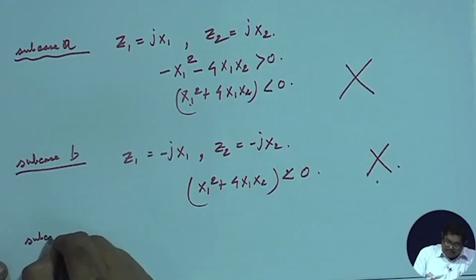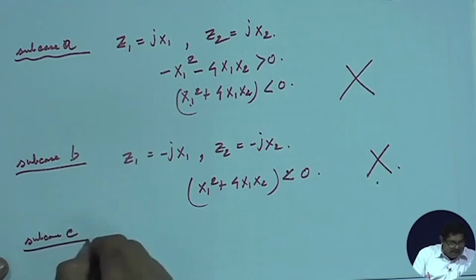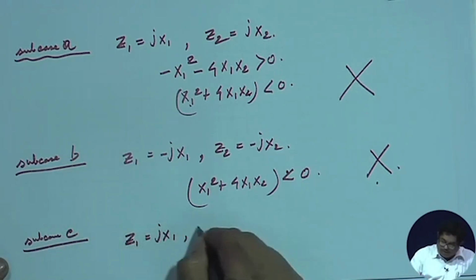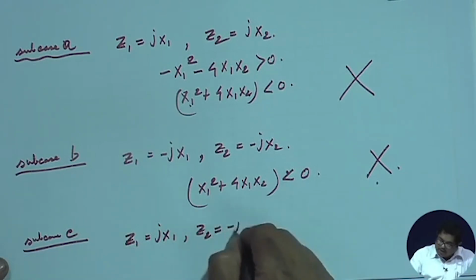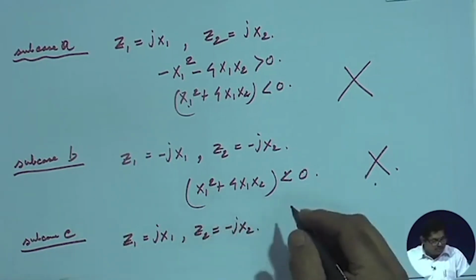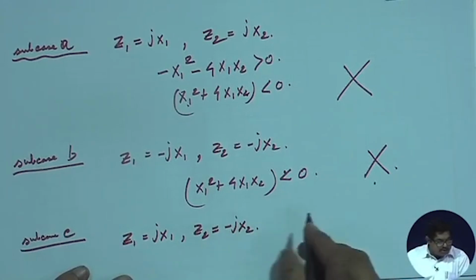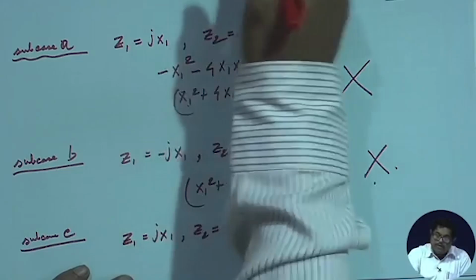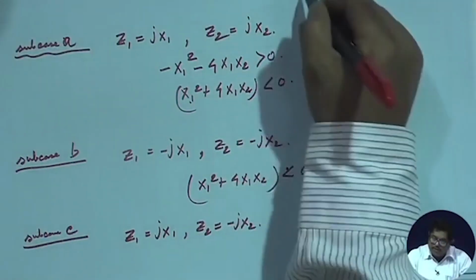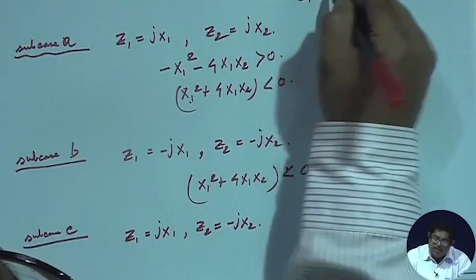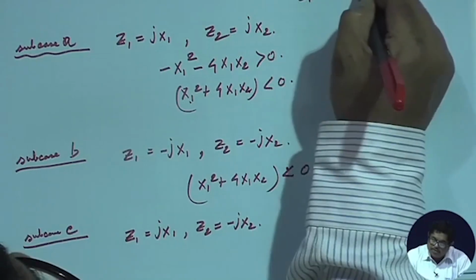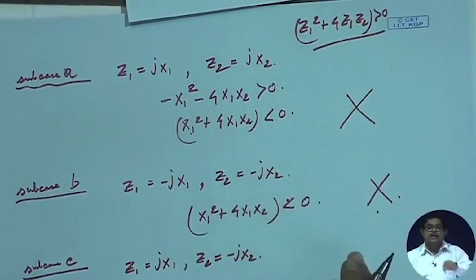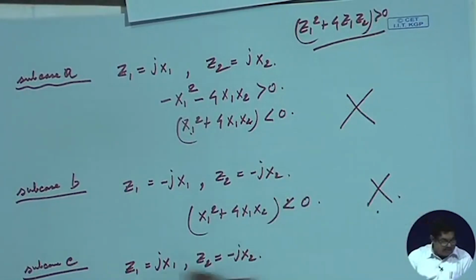Subcase C: here let me take Z1 as Jx1, and Z2 with the opposite sign, minus Jx2. Always we are evaluating Z1 square plus 4 Z1 Z2, which should be greater than 0. This is the condition to achieve passband.